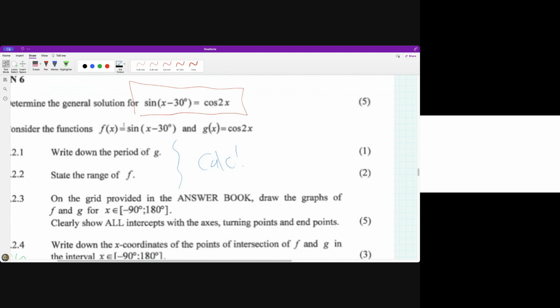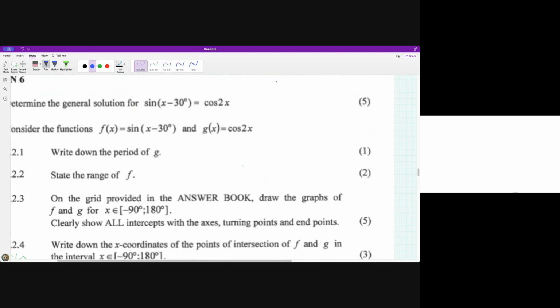Any ideas? Yeah, so sine and cos in one equation, exactly. So I want to do my lovely three-step process, but the problem is now they've put two different trig things together. How am I meant to deal with that?